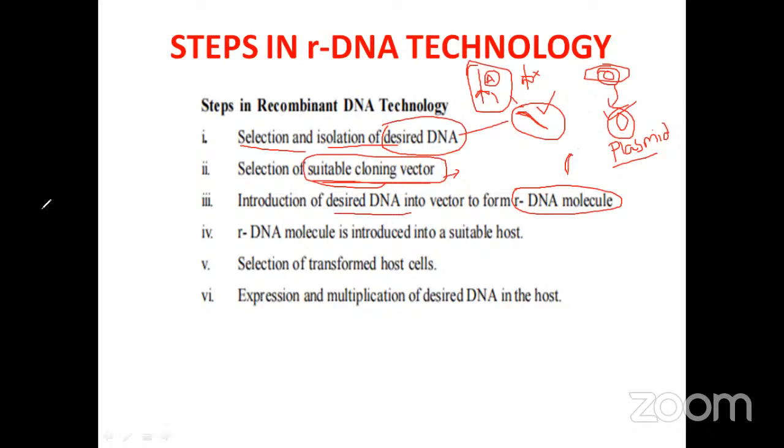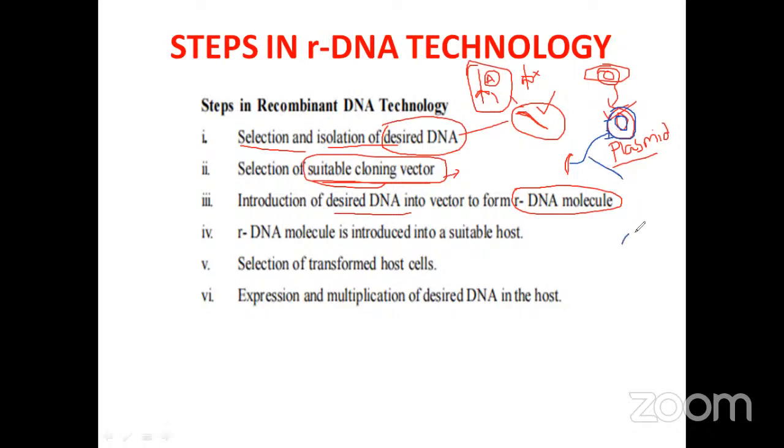Suppose the plasmid is in blue color. So cut at some place, and that place is inserted with the desired DNA.